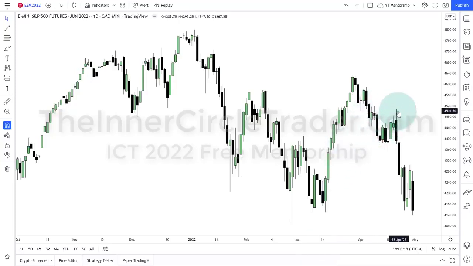I outlined that as an area to watch, and we're entering a seasonal tendency, so we were expecting lower prices. We got lower prices. I showed you the relationship with the dollar because it's risk off. So we have all the decline taking place in the equities markets. And I said that we would likely draw down into this relative equal low.